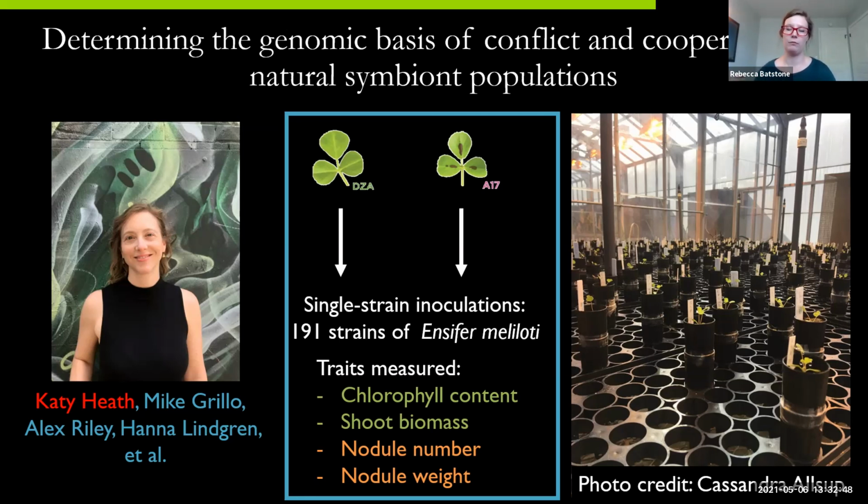We measured chlorophyll A content in the leaves, which is assumed to be related to how much nitrogen rhizobia fix, as well as aboveground plant biomass, a very common proxy for how much the plant is benefiting. We additionally measured proxies for rhizobium fitness, including both nodule number and nodule weight. I'm going to talk a little more about those in the following slides.